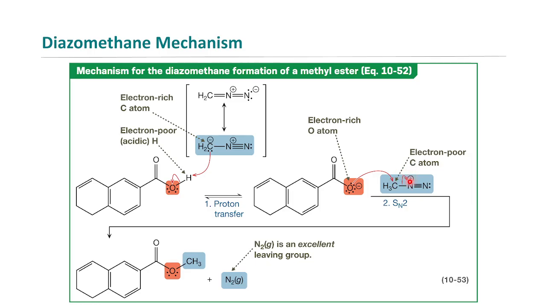And what really makes this SN2 step work here is actually this N2. This is about as excellent a leaving group as you could possibly get. It's extremely stable. It's one of the most stable things on the planet. And then it's a gas, so it actually is going to evolve out of your solution and go off into the headspace and atmosphere. And so it completely leaves the vessel.